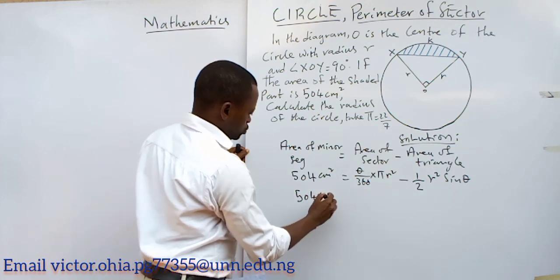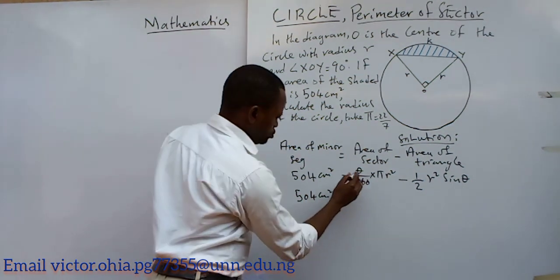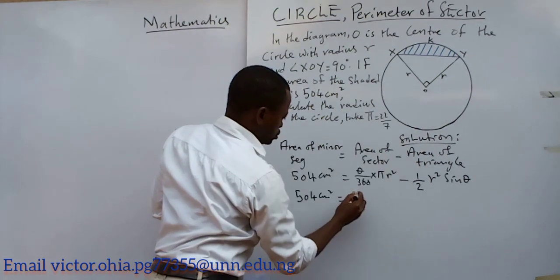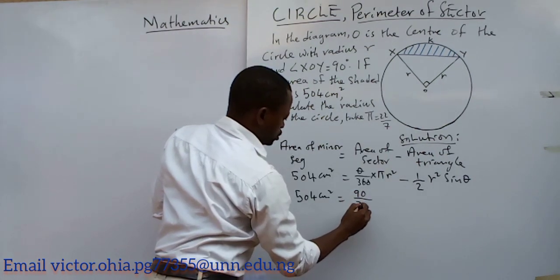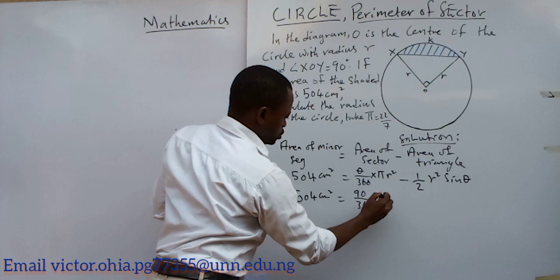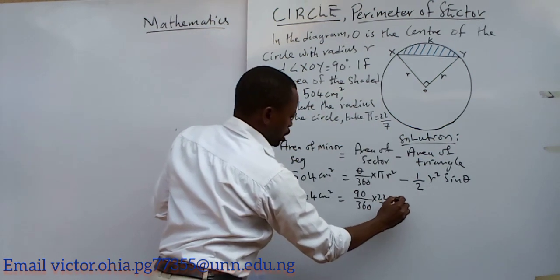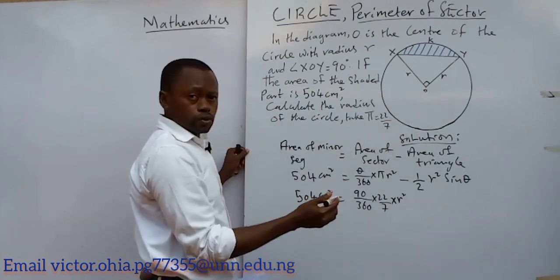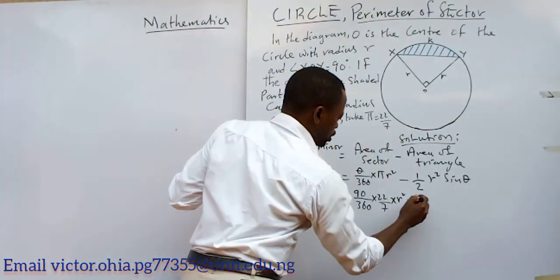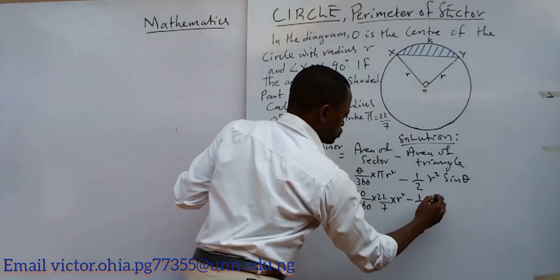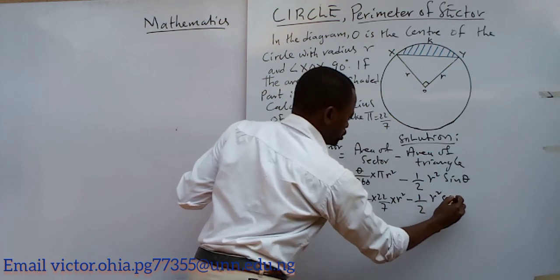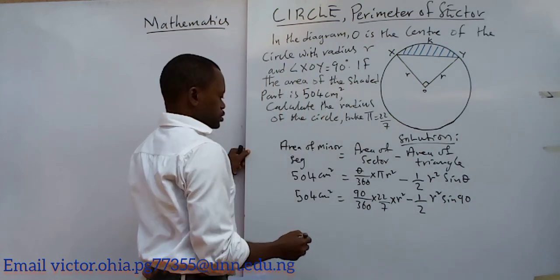504 cm squared is equal to, this theta here is 90 degrees, 90 over 360 times 22/7. They ask us to take that, then times r squared. The r is not known, that's what we are looking for, minus 1/2 r squared, then sine 90 degrees.